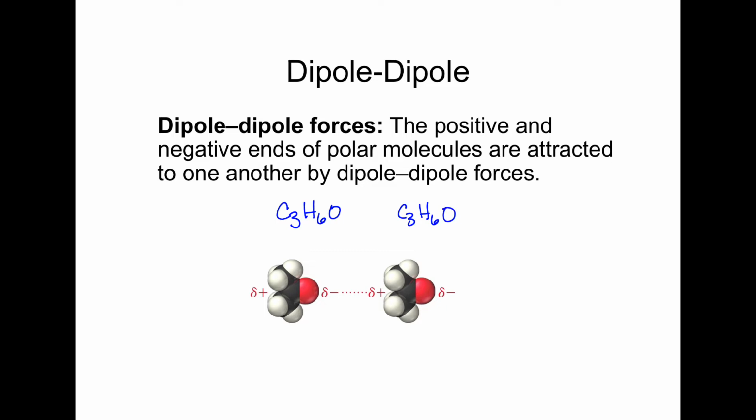And when we look at the Lewis dot structure, it actually looks like this for each one of these molecules. And if you make the VSEPR structure around this central atom, it's trigonal planar, so it looks really much more like this.